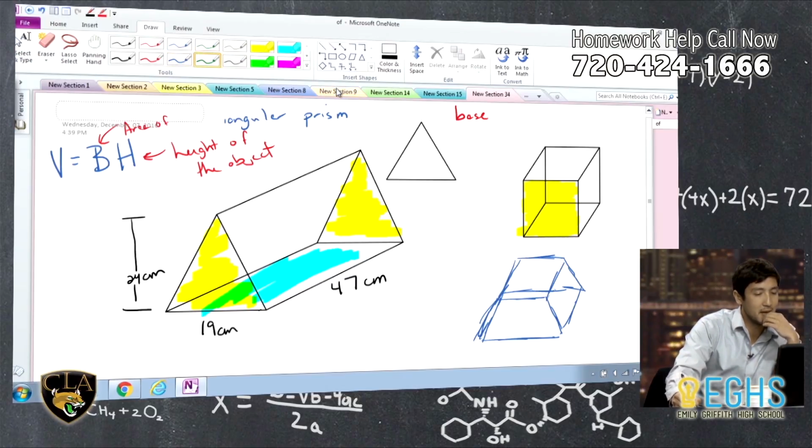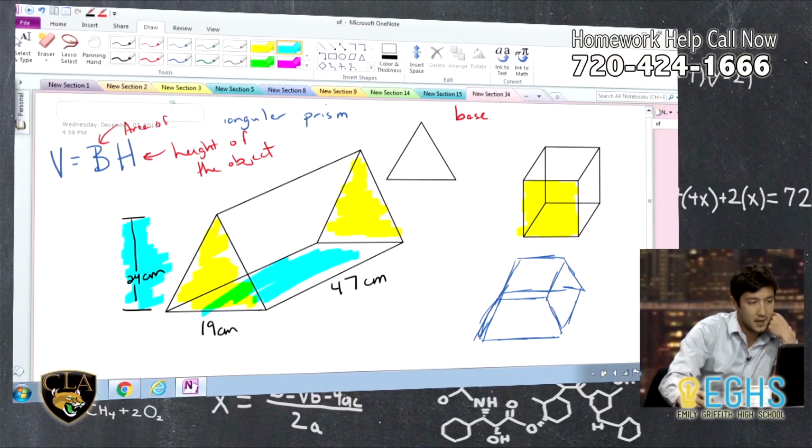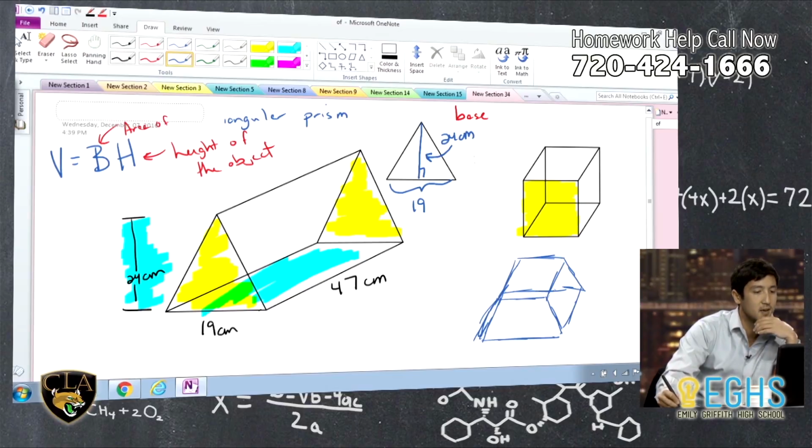So in this case, the base is a triangular shape, and sometimes it helps to draw it separately. We know that this triangle has a height of 24, so I'm going to say that this is 24 centimeters in here. And we know that it has a base of 19. That can be a little confusing because there are a lot of bases here.